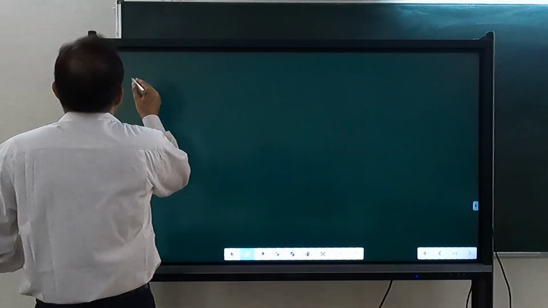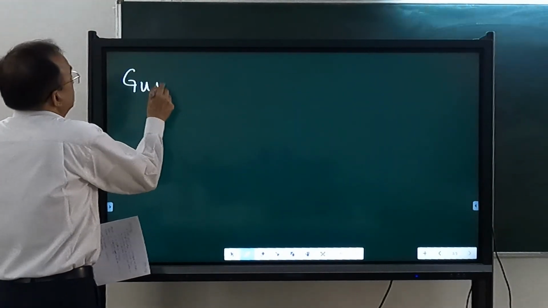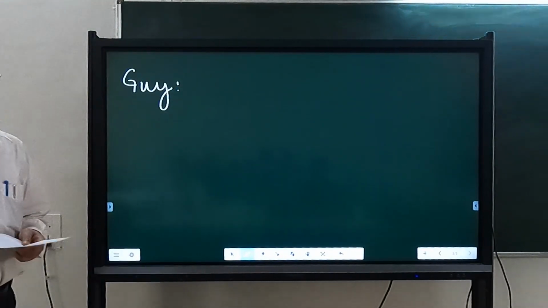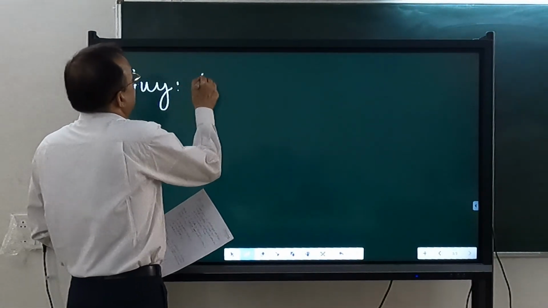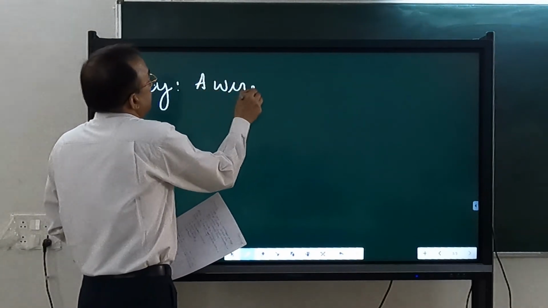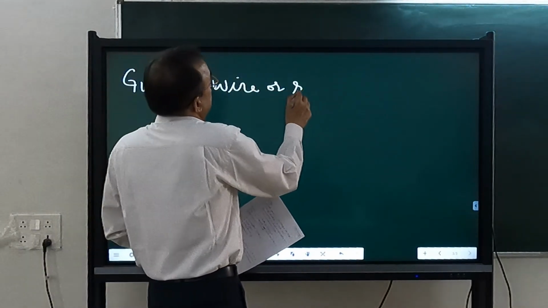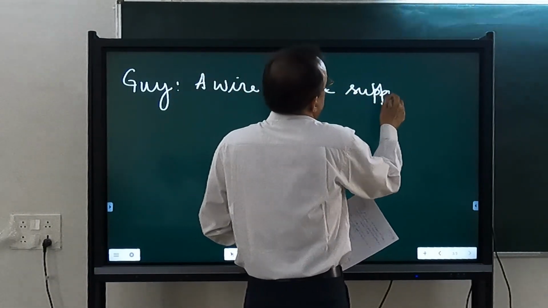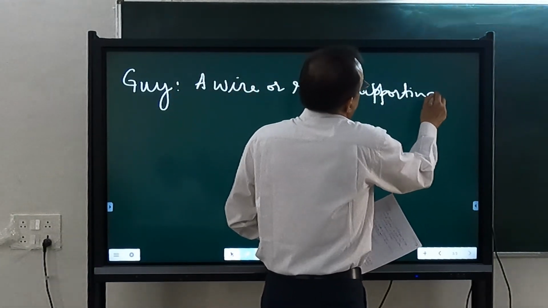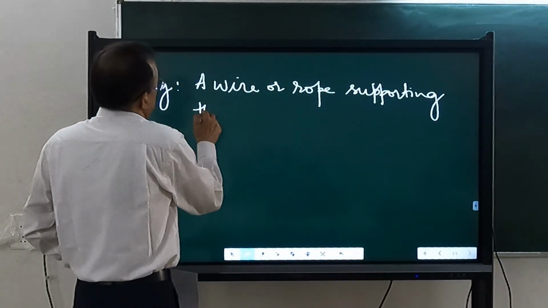Then we have a term called guide, or guide tower, or guide chimneys. Okay, so this guide is nothing but a wire or rope supporting the chimney.